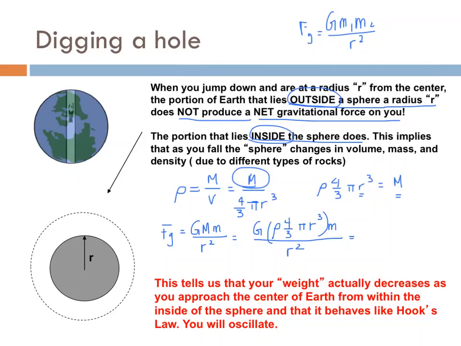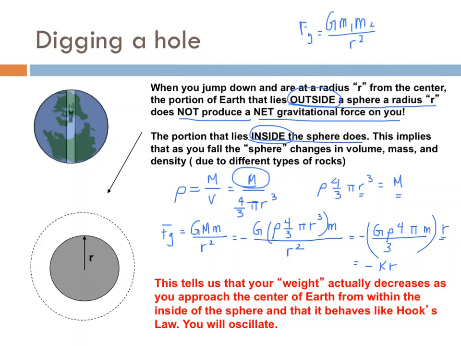And this simplifies down to G times rho, 4/3 pi m, times r. Now, all of this inside of parentheses is going to be constant. The only thing that's actually changing is this r. So we can replace this entire thing inside the parentheses with a k to represent a constant.